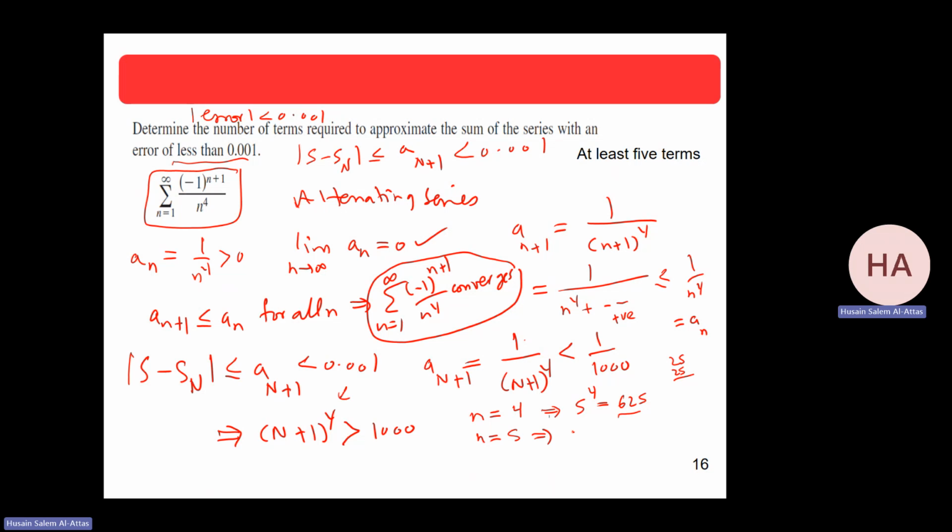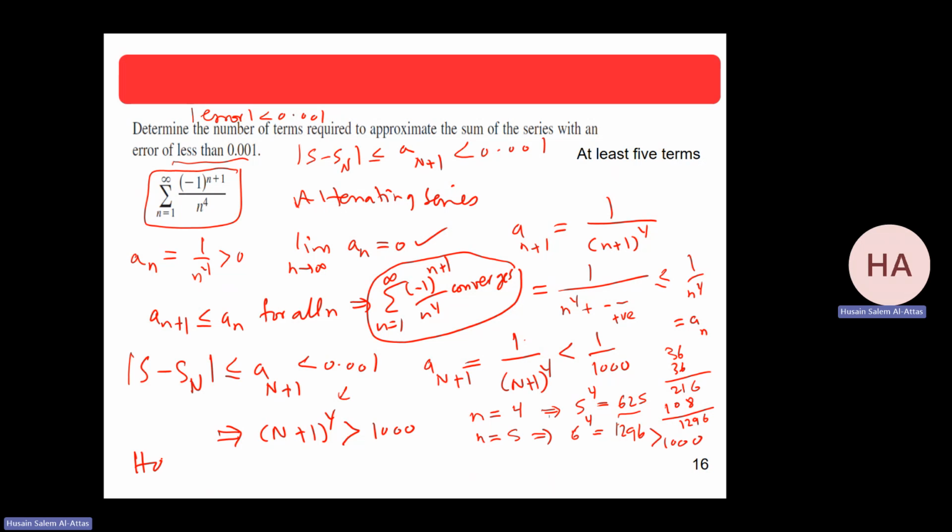N equal 5 gives 6 to the power 4, which is 36 times 36. 6 times 6 is 36 again, so it is 1296, which is greater than 1000.